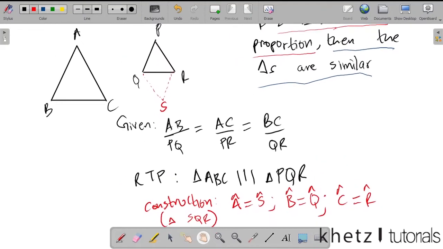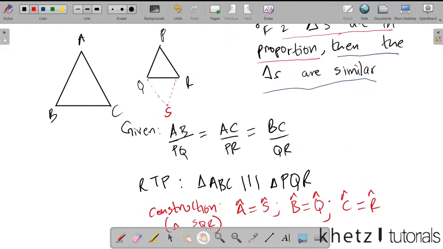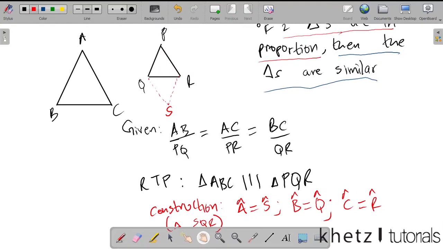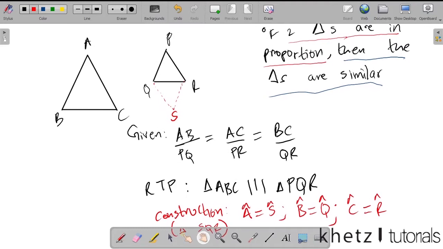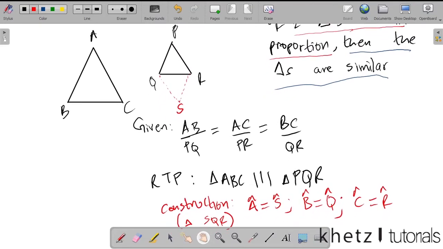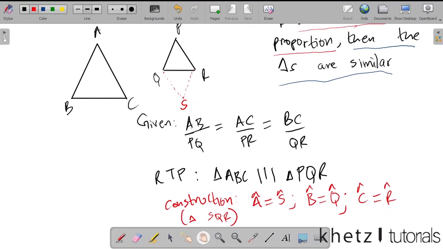Now we have all these angles equal, right? And we know that for similarity, if we have all angles equal, then the sides are proportional, and finally the triangles are similar. We've actually covered that in Theorem 2, because Theorem 2 says that if two triangles are equiangular, then their corresponding sides are in proportion and the triangles are similar.